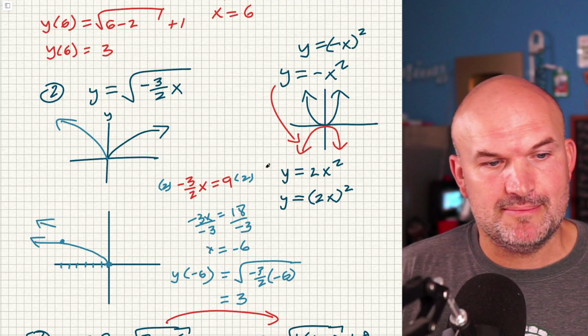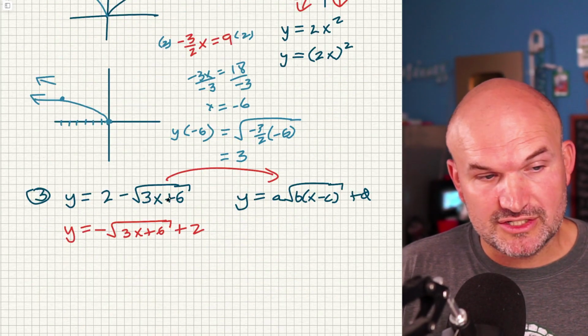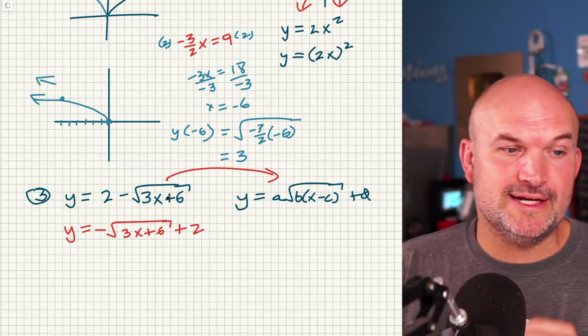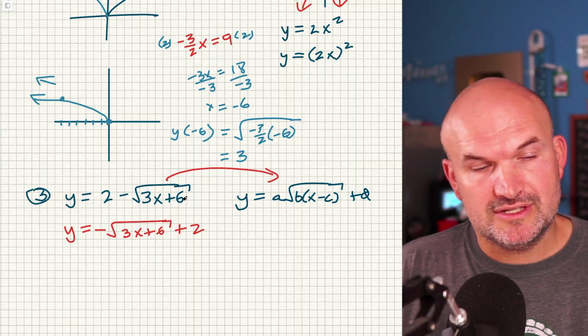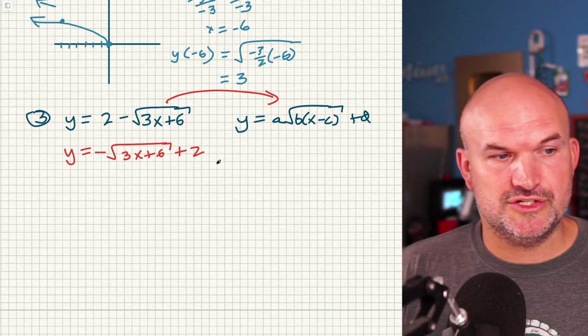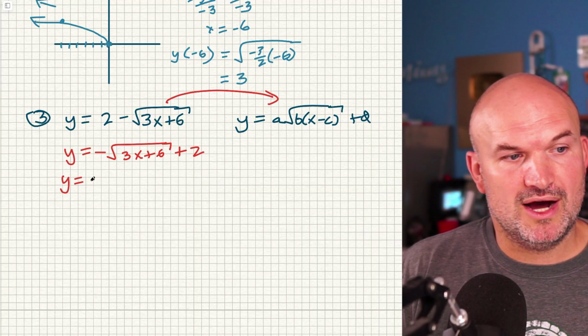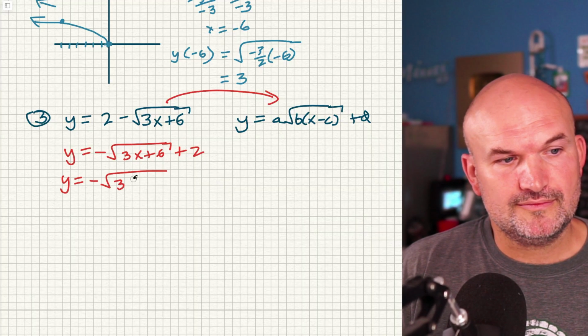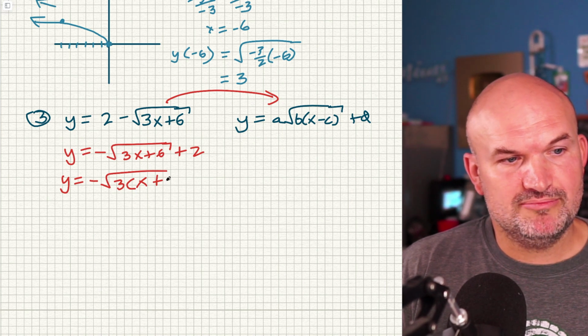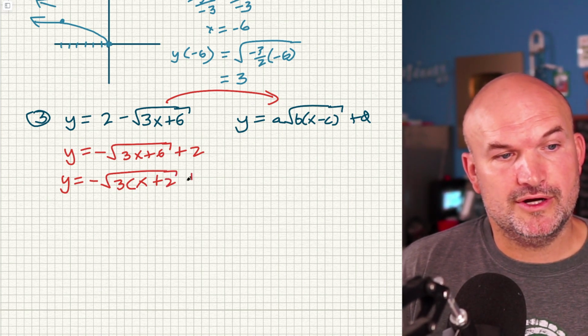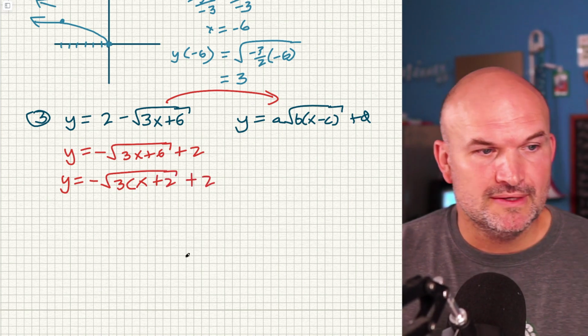So I could use that as my b. But to get the true value of b, even though it is going to be 3, you need to make sure you factor it out to get the correct horizontal transformation. So all I need to do is factor out a 3. When I do that, I get y equals the negative square root of 3 times the quantity x plus 2, plus 2.